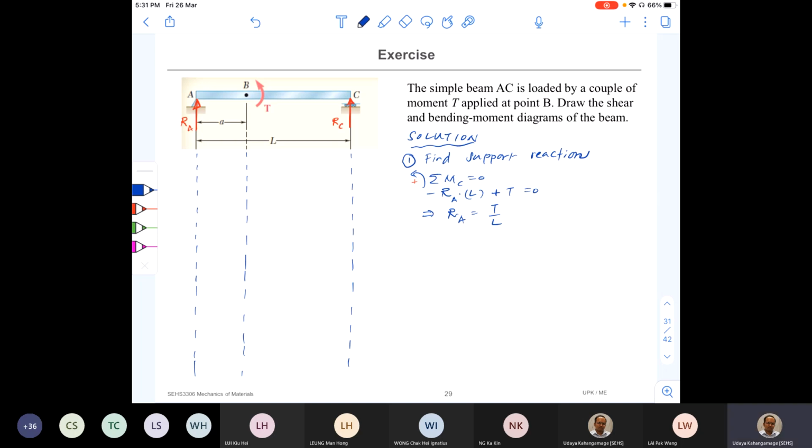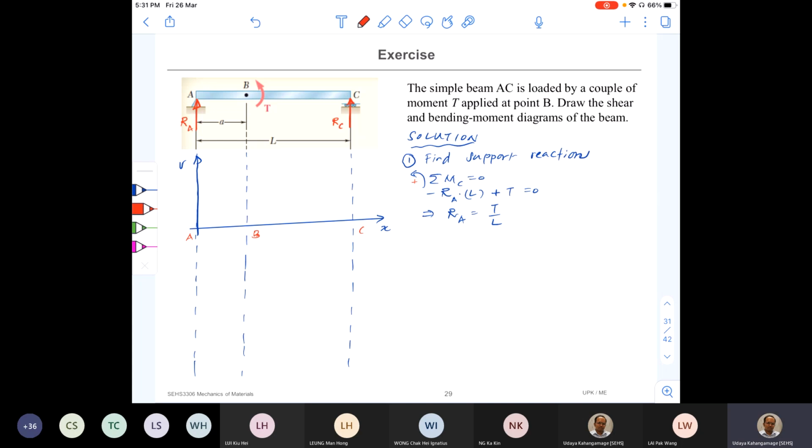Okay, so first we'll mark the shear force variation. This is V, and then we have our x direction this way. Okay, there are a few key points, A here and B and then C. So what is the shear force at point A?